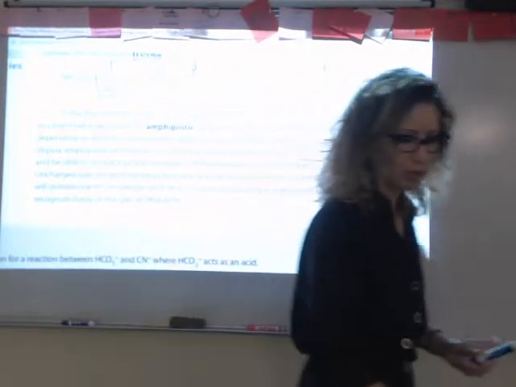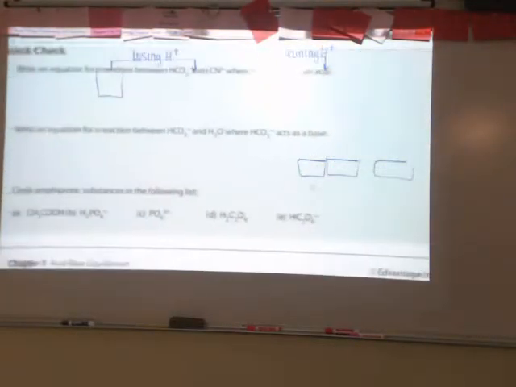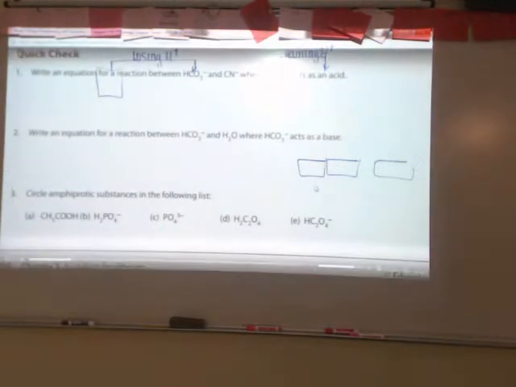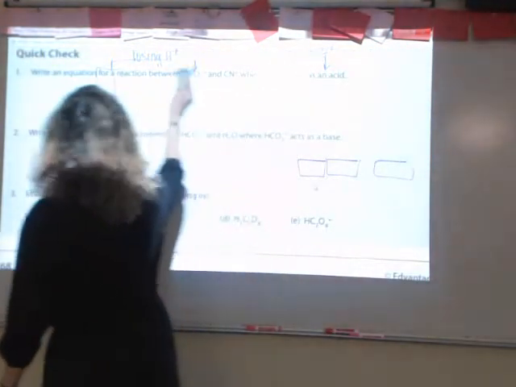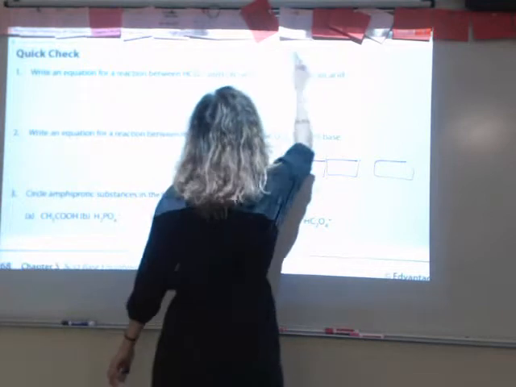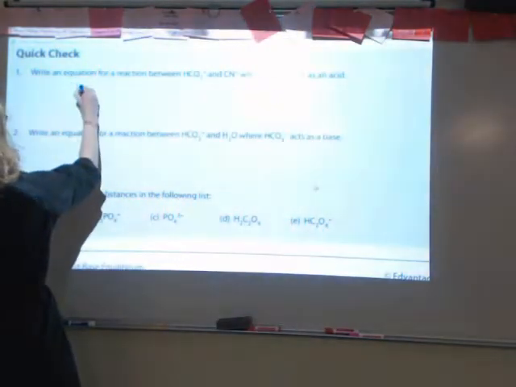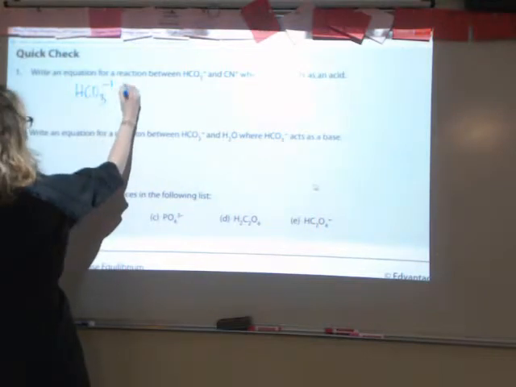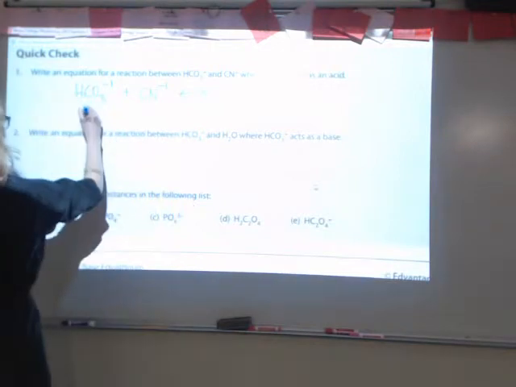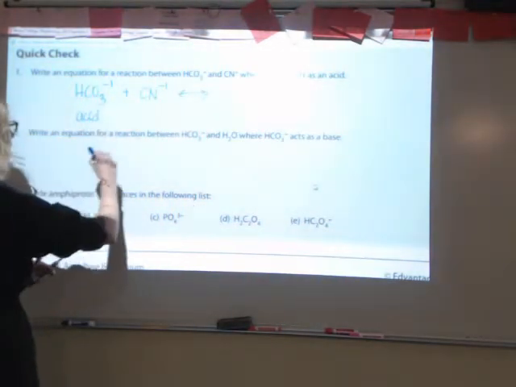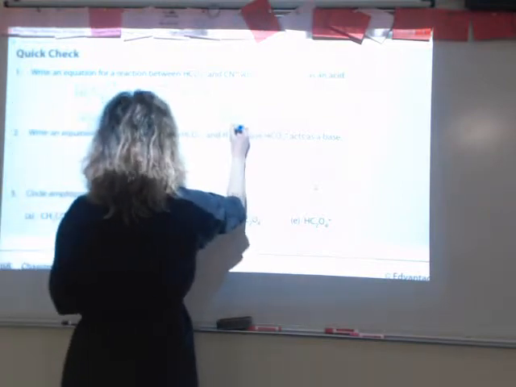So what I want to do is take a look at the quick check. I'm going to give you two different reactions where HCO3 acts as an acid and a base, and then we will circle the substances that are amphiprotic in the third question. So for question number 1, they want us to show the reaction between HCO3 -1 and CN -1, and they want HCO3 -1 to act as an acid. Well, that means its partner on the other side will have to be a base.